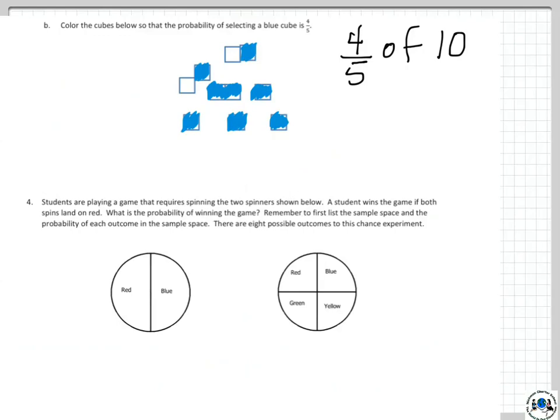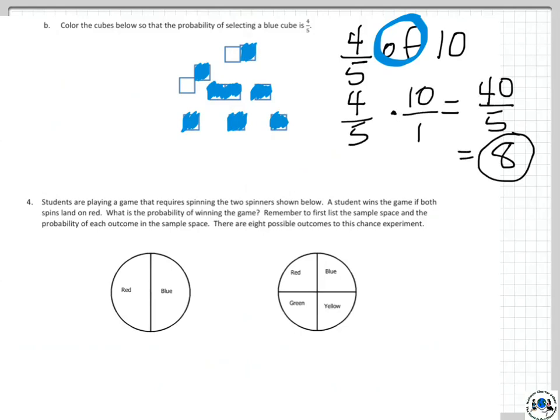If you remember our very friendly word of, it tells us that we are multiplying. Therefore, if we multiply 4/5 times 10, or 10/1, again, fractions are so useful with this type of operation, we get 40/5, and that 40/5 is equal to 8. And therefore, I knew that I needed to color in 8 of those boxes.